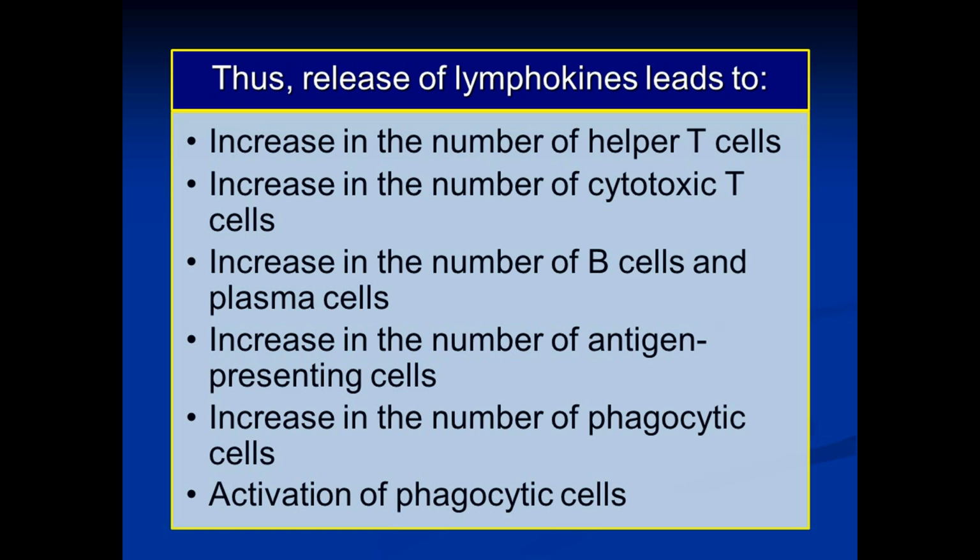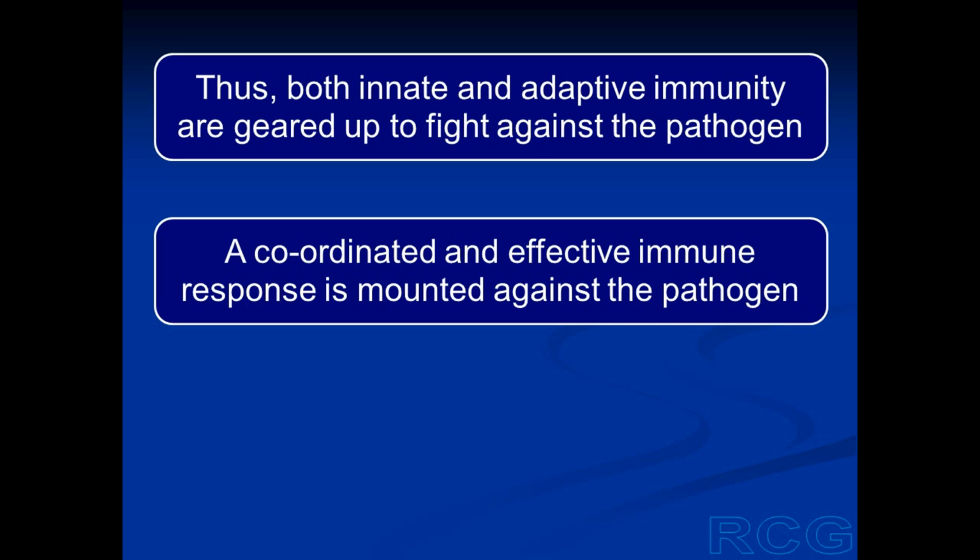There is an increase in the number of antigen-presenting cells, an increase in the number of phagocytic cells, and activation of phagocytic cells. In this way, the release of various lymphokines from the helper T cells results in activation of innate immunity as well as adaptive immunity.